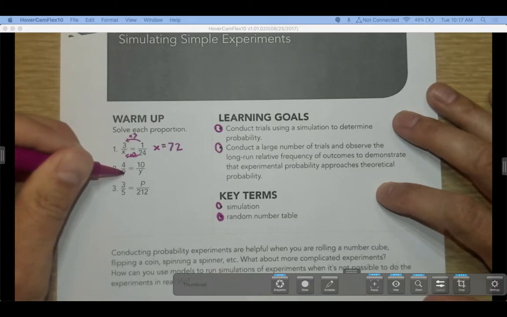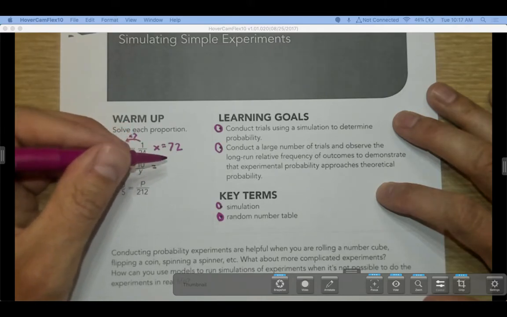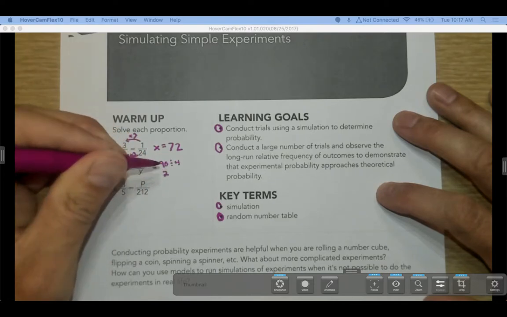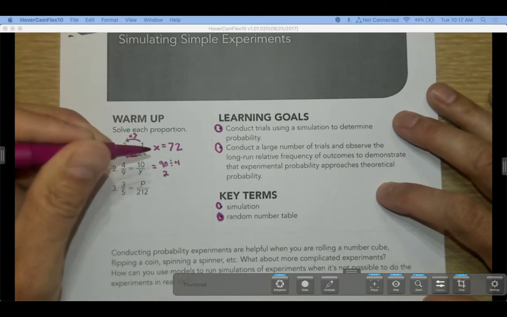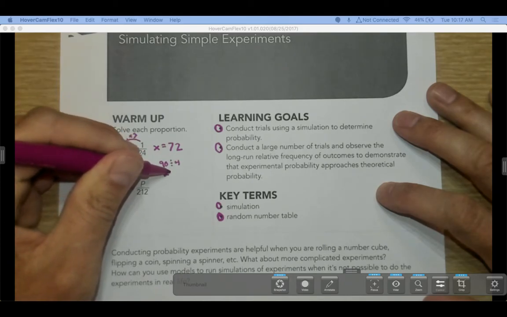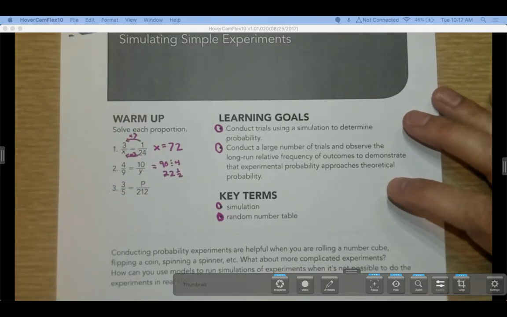10 times 9 is 90. 90 divided by 4 is going to be 22 and a half, 22.5.